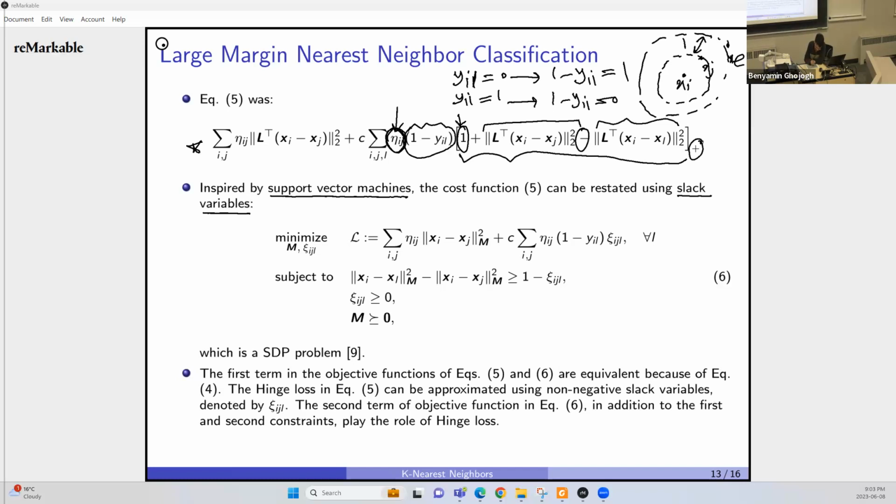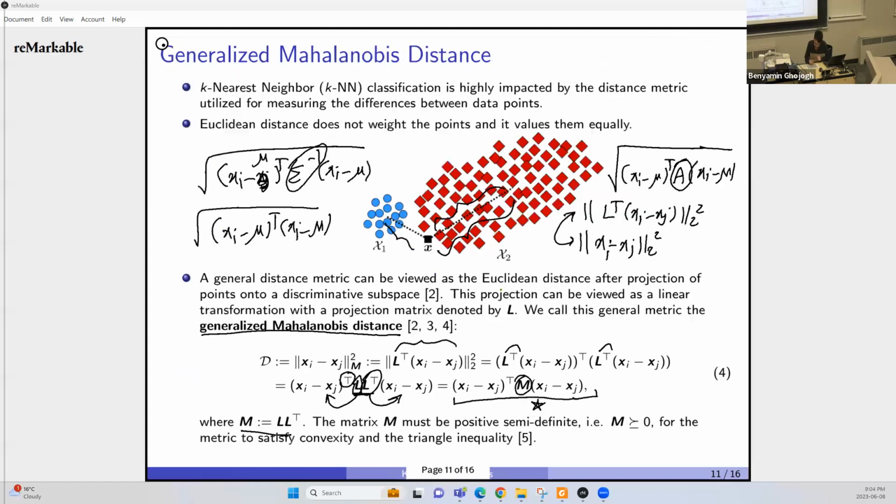So here, I'm repeating it here. By the way, I denoted this to be these two. Take a look at this. I'm either denoting it by distance with M or by L2 distance with L here. So they are the same, okay?